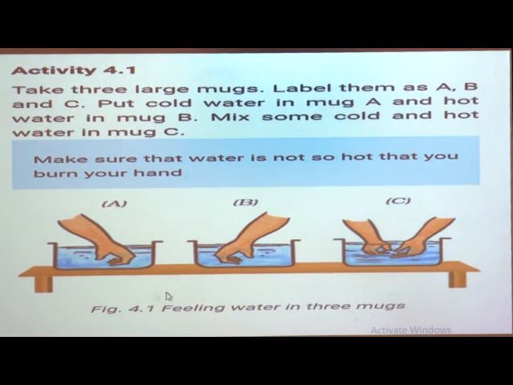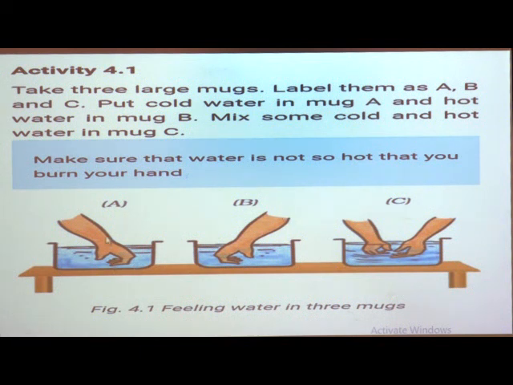So here in this picture you can see there is a mug given. So this is not a mug, this is a glass flask, you can see here. In this beaker, or that glass pot we can say, we are having water here.